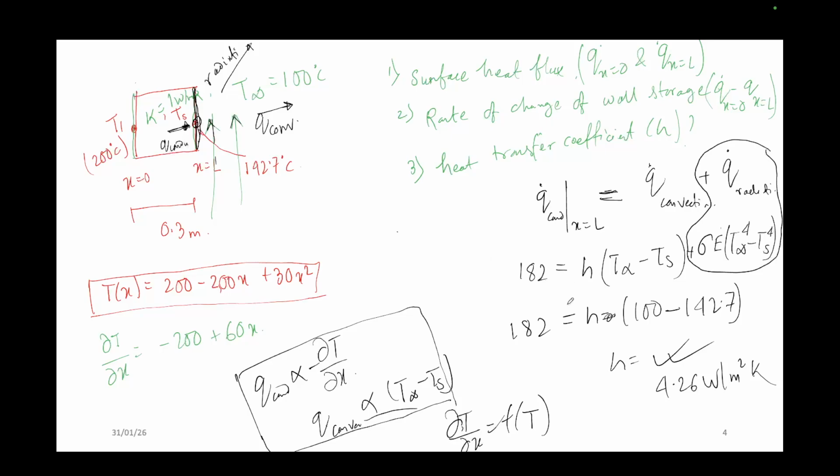No, not necessary. You need not change it, because here h is a function of temperature difference, right? Whatever the temperature difference is, in Kelvin or degree centigrade, it should be the same. So 100 degree minus 80 degree is 20 degree centigrade.